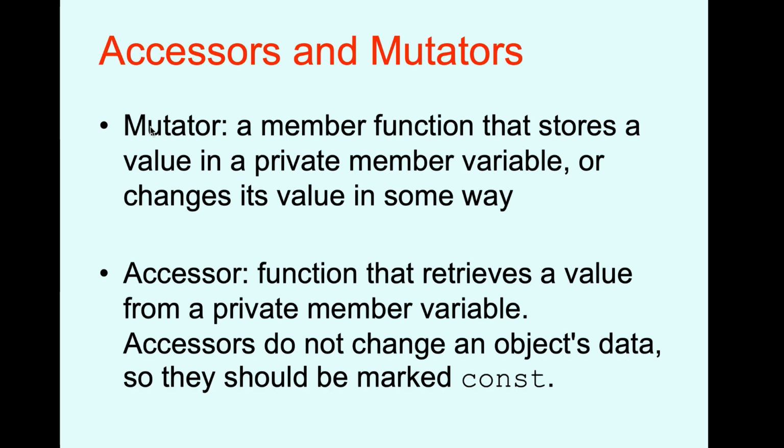Okay, some functions are mutators and some functions are accessors. Mutator functions are those which are used to modify values, which apply some functionality on the variables and the private data that we have defined. Such functions are called mutators, and they are mostly like set data or set the values.